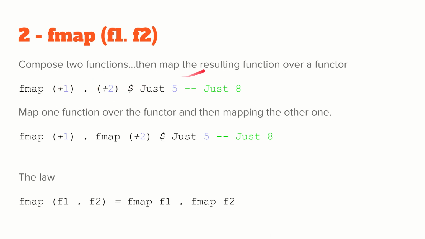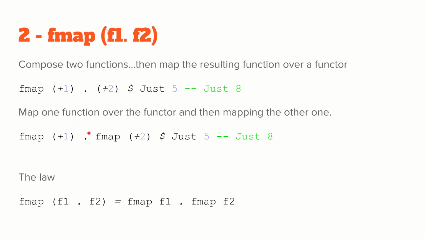Then mapping the resulting function over a functor. So it's just the same, fmap plus 3, just 5, we get just 8. So that there must equal the other side of this.